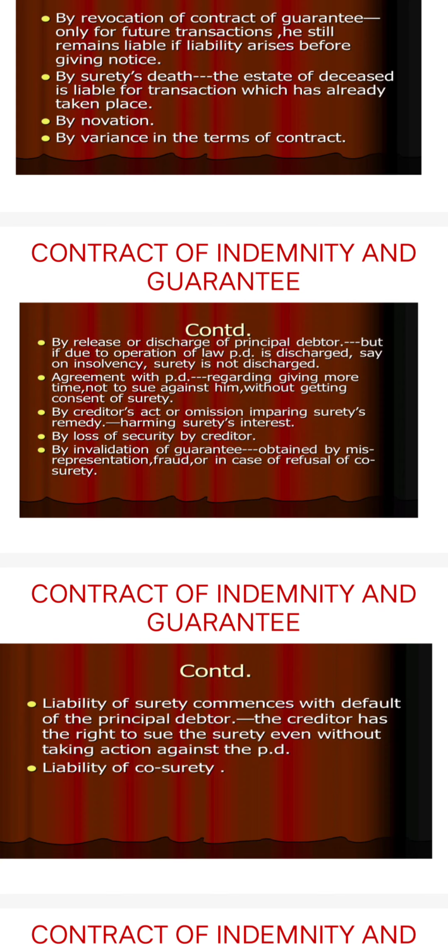Next, by creditor's act or omission impairing surety's remedy, harming surety's interest. Next, by loss of security by creditor, by invalidating of guarantee obtained by misrepresentation, fraud, or in case of refusal of surety.